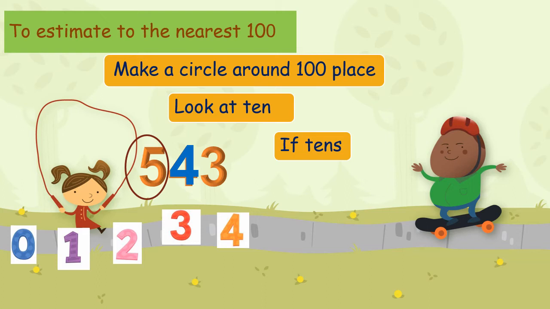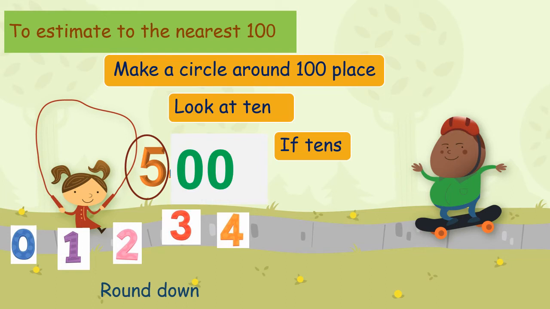We're going to go back. If your 10 here is 0 or 1 or 2 or 3 or 4, go back. You're going to go back to the 100 before. You're going to round down, go back to the 500. So here, the estimation is 500.